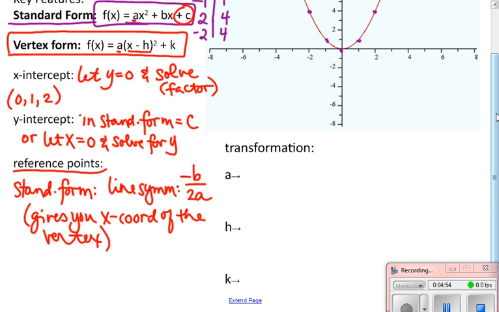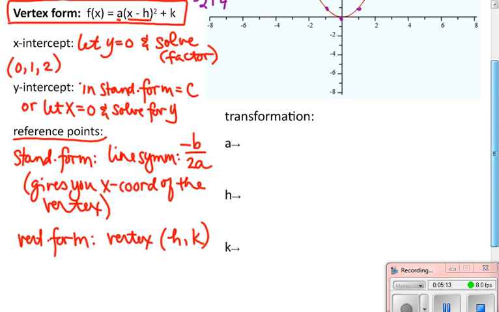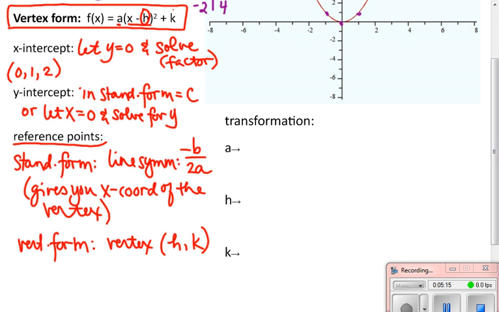If you're in vertex form, your vertex, that bottom point of your parabola where you turn, is at (h, k). So this h and this k.